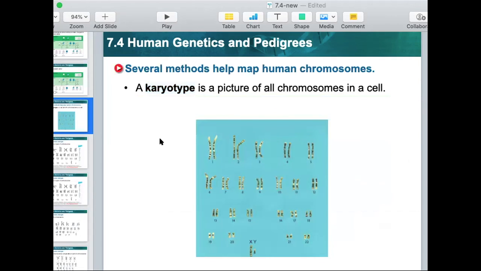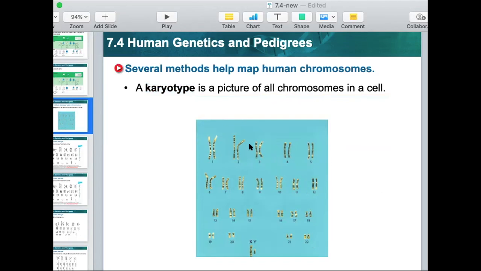There we go. Karyotypes, basically what you see is all the chromosomes in your cells arranged in order from longest to shortest. So number 1 is the longest chromosome, 22 is the shortest chromosome, and the 23rd pair is X and Y. A karyotype gives you a picture of all the chromosomes in the cells.